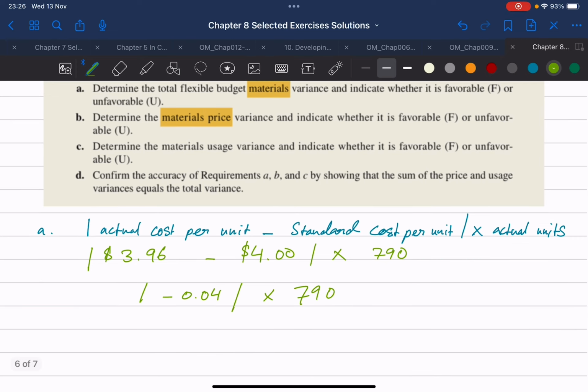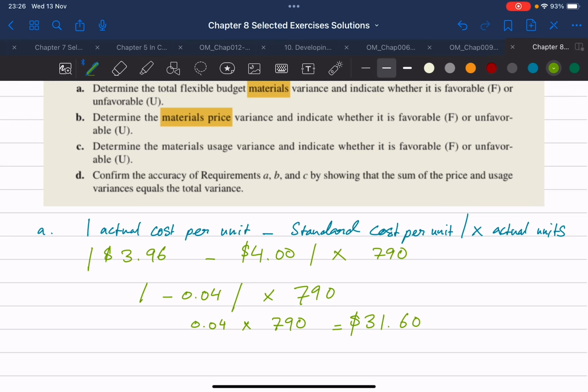And once we take the number within the absolute value, we turn it into a positive, so 0.04 multiplied by 790 arrangements, that would give us $31.60. Okay, so that's part A.